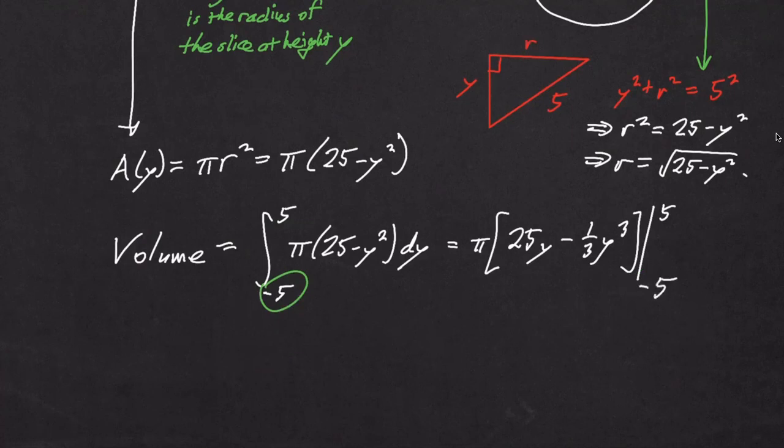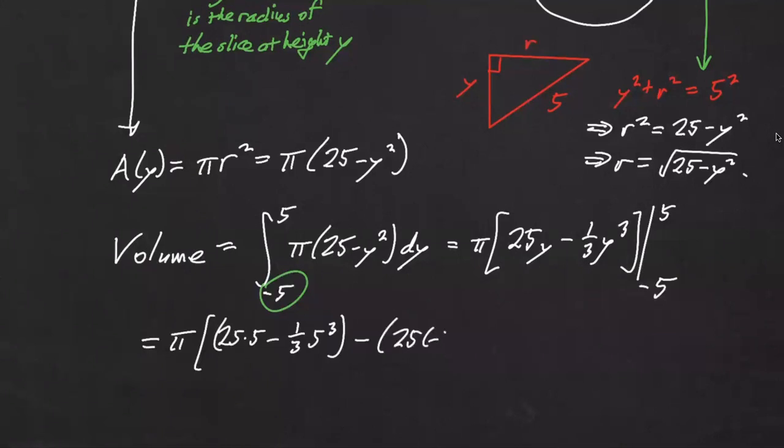Okay, so now that's pi. Now you do have to put in everything. So you get 25 times 5 minus 1/3, 5 cubed, minus 25 times -5 minus 1/3 of -5 cubed. And you get some interesting things here. Sadly, this doesn't cancel. This minus makes a plus.